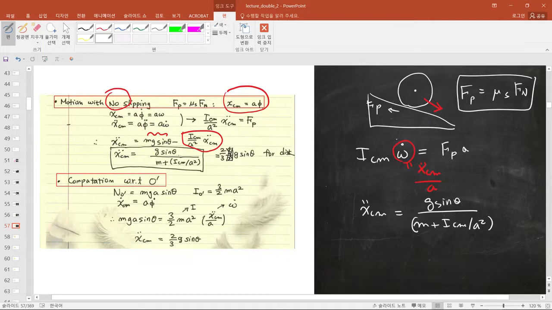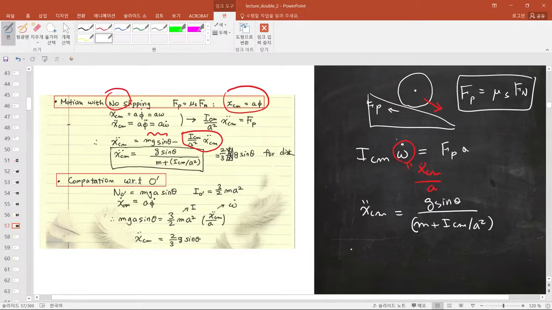Okay, if you put this, divide both sides by m here. I'm sorry, this doesn't match. Let's do this here.